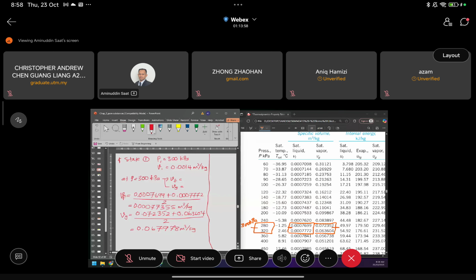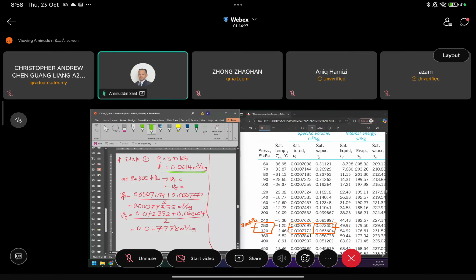Okay, so if you compare the value with V1, so this is your V1, okay? So the value is what you can see, VF is very small, and VG 0.06, which is a bit larger than V1.